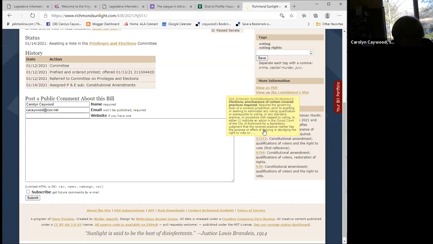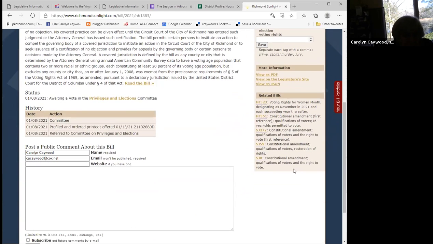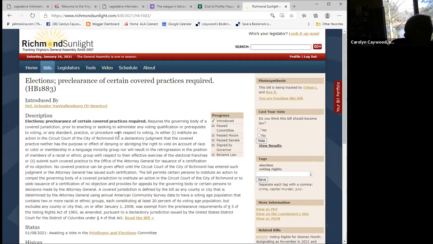Pre-clearance, that's one the state league does support. But see, this is really helpful. So that's the main stuff on this one, and I've run over by 15 minutes.